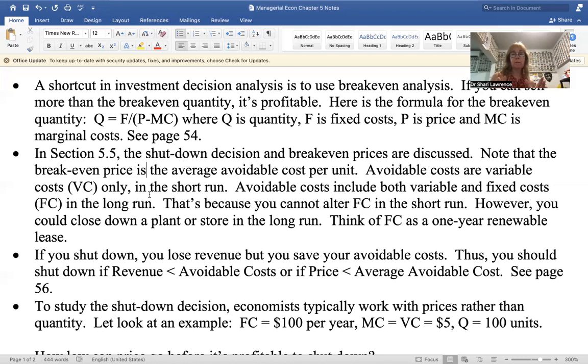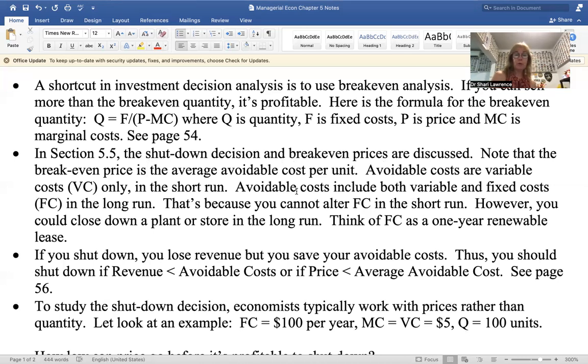In the short run, meaning a year or less, you've got this plant and equipment, and you cannot shut a whole plant down. So the only thing that you have control over are the variable costs. So those are your only avoidable costs.